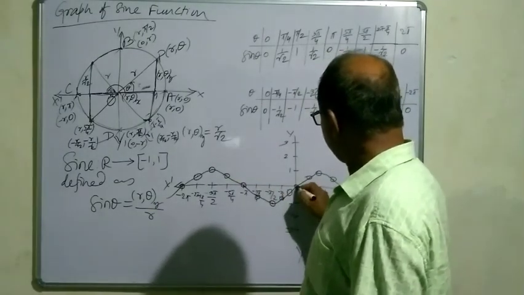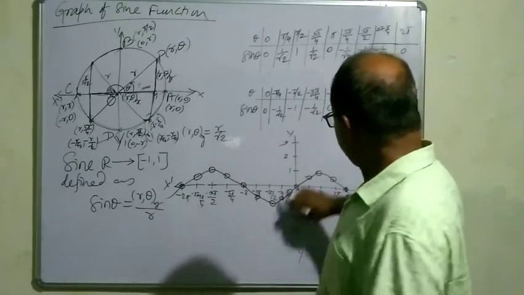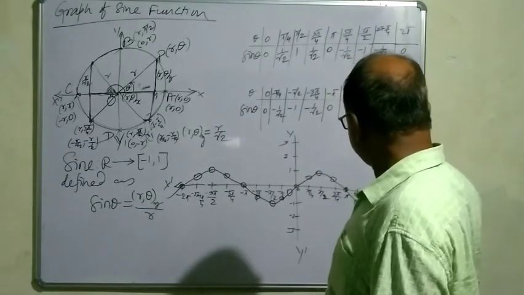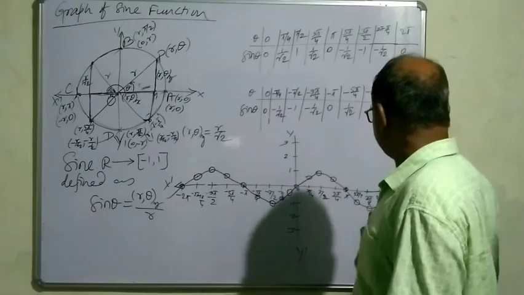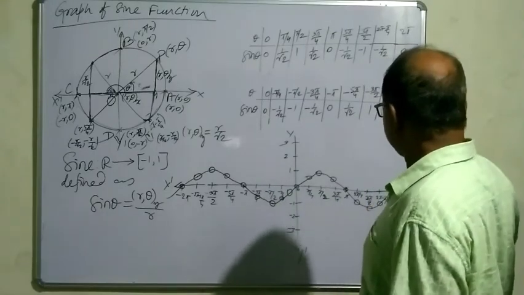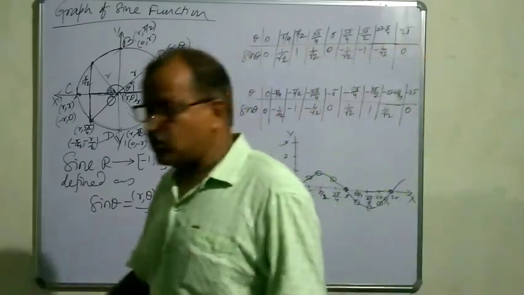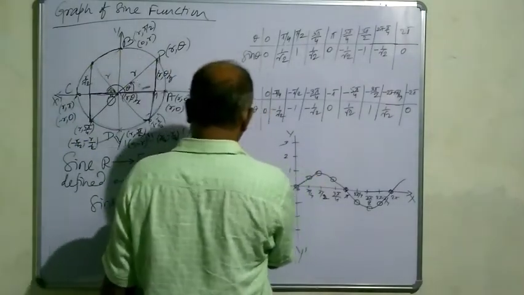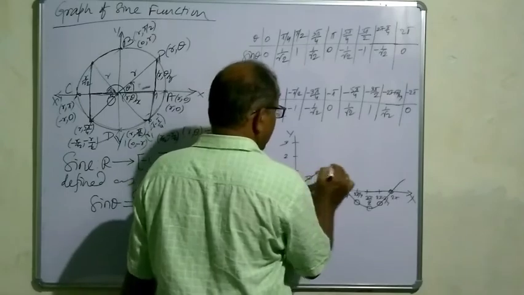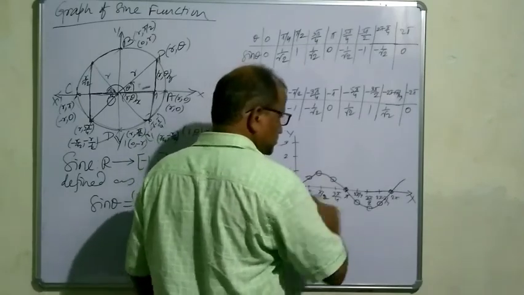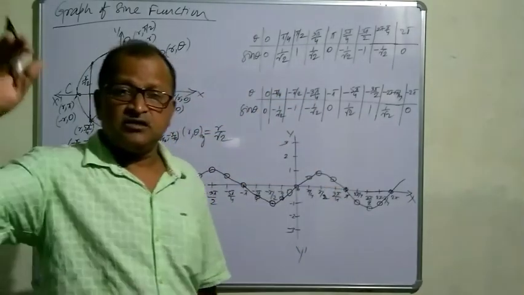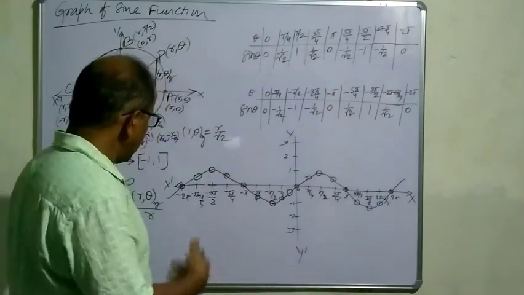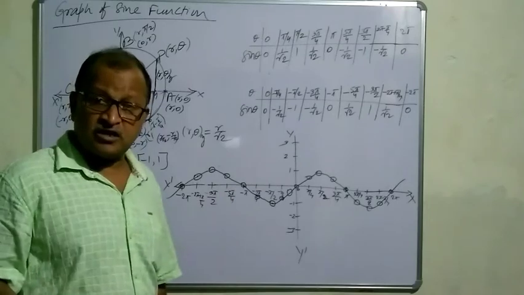At the point 0, it is 0. After that, it is increasing up to 1. Then again it decreases up to minus 1. Yes. So in between these two lines, y is equal to 1 and y is equal to minus 1, it is just like a harmonic value.